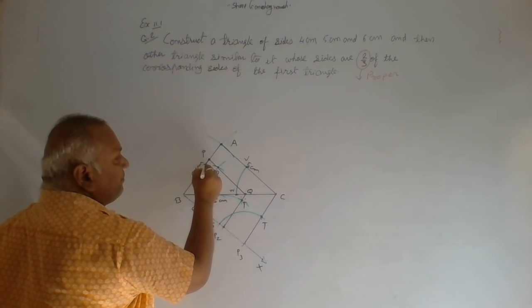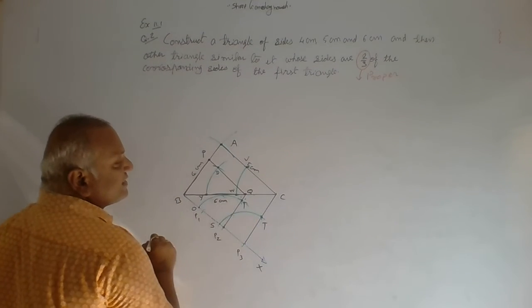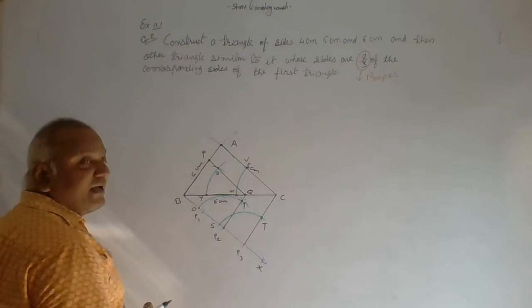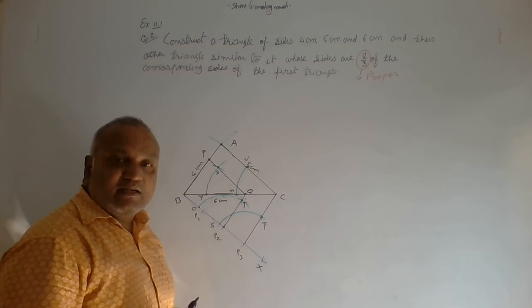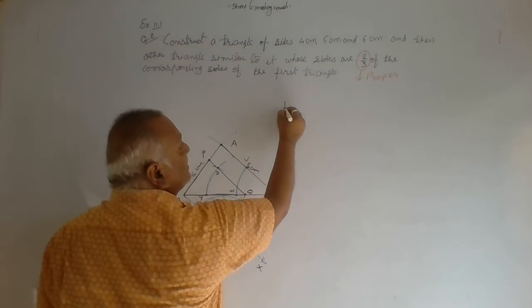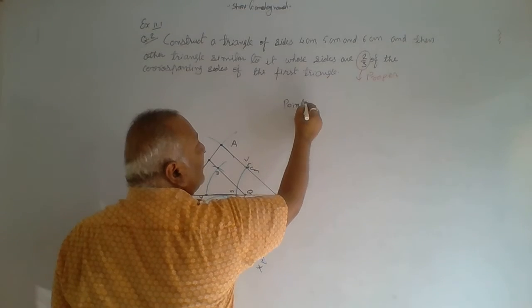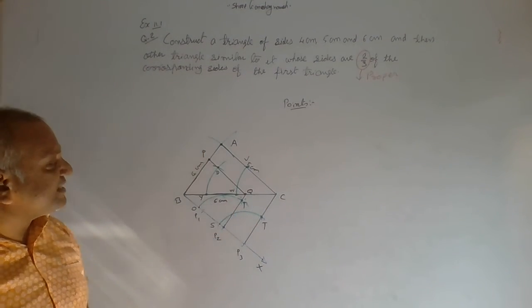So triangle PBQ. Can you see? It is a similar triangle to triangle ABC. I hope you understand this construction, and now I will give the steps. What we have drawn, that we have to write. First I have drawn BC 6 centimeter.